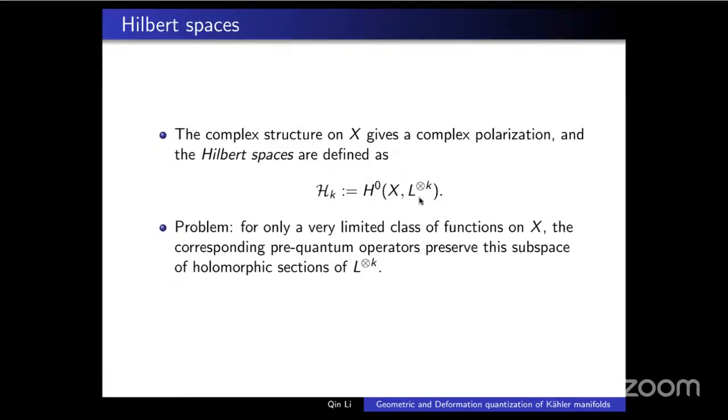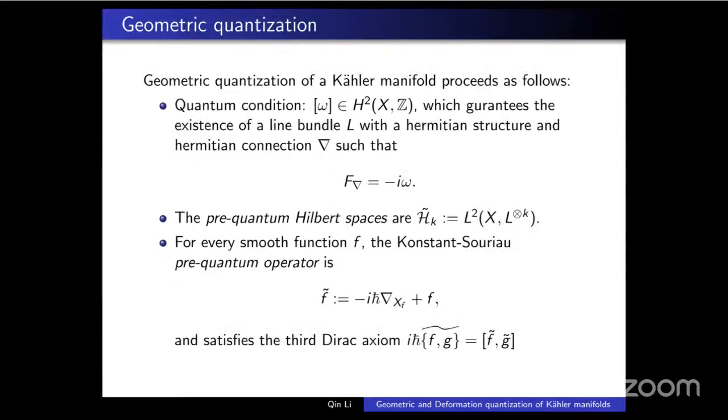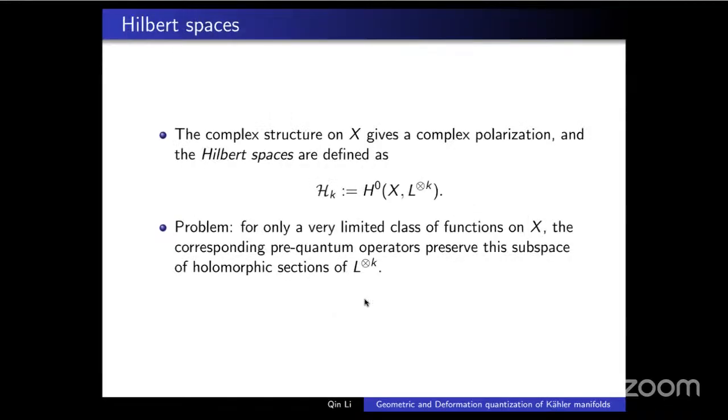The problem is that only for a very limited class of functions on X, the corresponding pre-quantum operators actually preserve this subspace of holomorphic sections, namely the Hilbert space. That is to me a main problem in this picture, and that's also the reason we only call these operators pre-quantum operators instead of quantum operators.